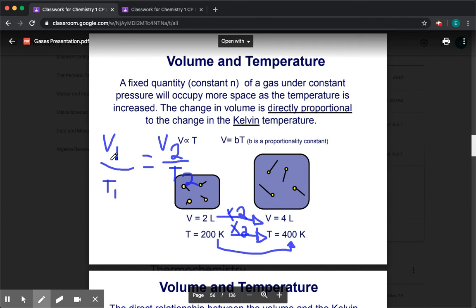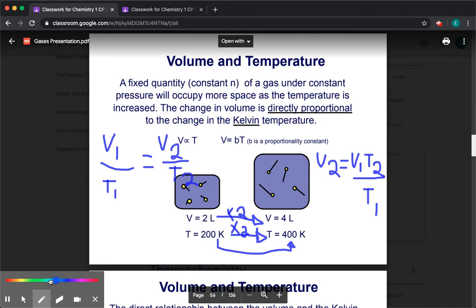Let's say we wanted to find a new volume. We want to find V2. To get V2 by itself, we have to multiply by T2. So then V2 is equal to V1 T2 over T1.